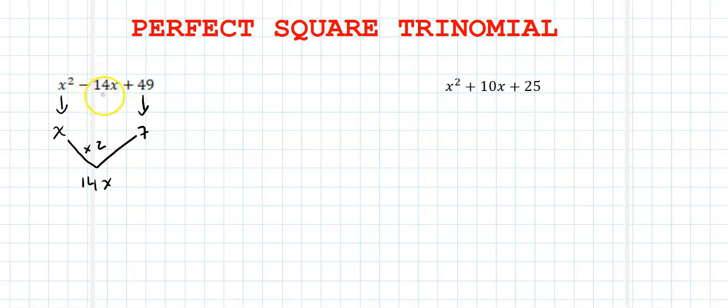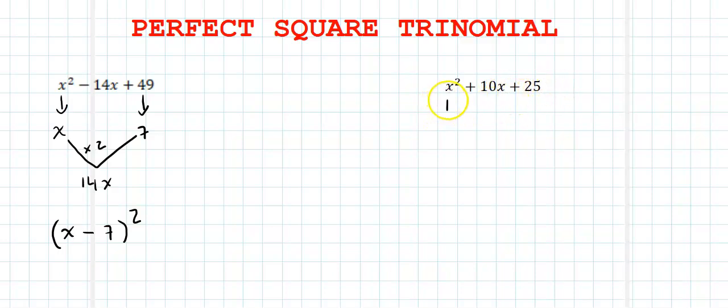And remember that the factorization of the perfect square trinomial is the subtraction of the square roots, to the second power. In the second example, we have x to the second power plus 10 times x plus 25.